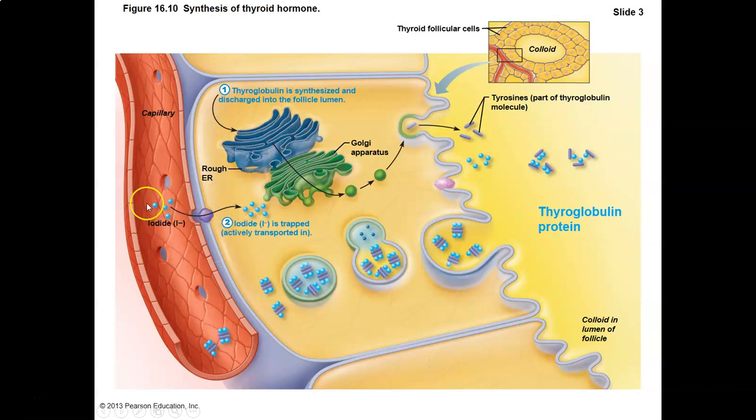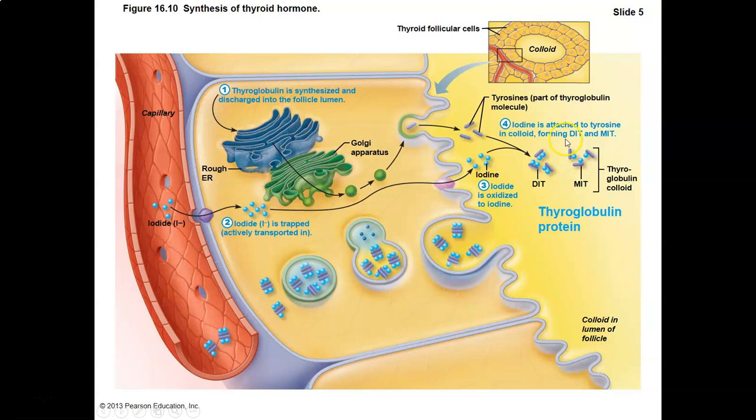Iodide does not remain in the circulation. It's quantitatively transported into the thyroid gland. Then it's transported into the follicle by the epithelial cells, and it's used to iodinate, to attach iodines onto tyrosine amino acid side chains within that thyroglobulin protein, within the colloid.